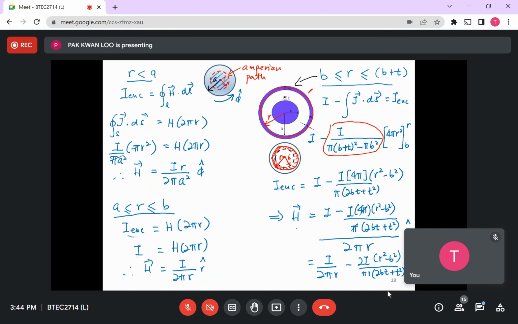And lastly, the region outside, which is r greater than b. The charge enclosed is I minus I, which is equal to 0, and therefore the magnetic field outside is equal to 0 as well.